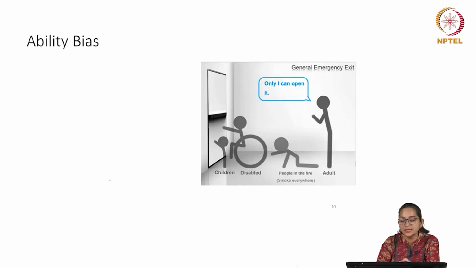As we saw, this handlebar placed at a certain height is assuming that my users are of a certain height, plus they are able to stand erect, which may not be the case in a fire, or if people with disability try to open the gate, or if children who are lower in height try to open the gate.